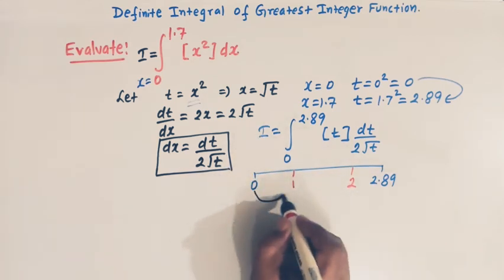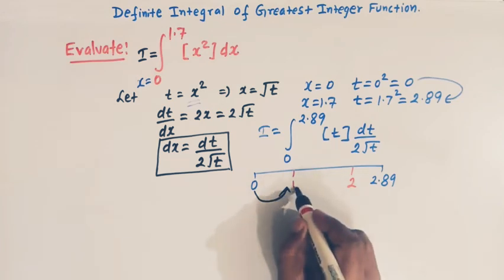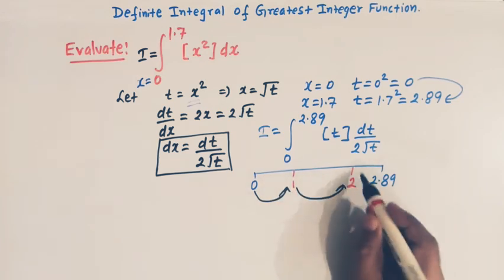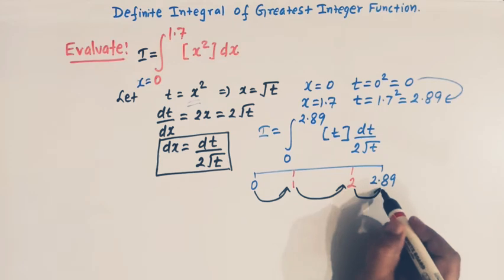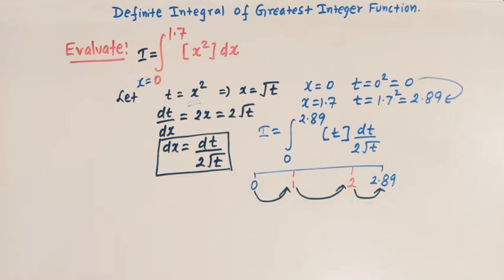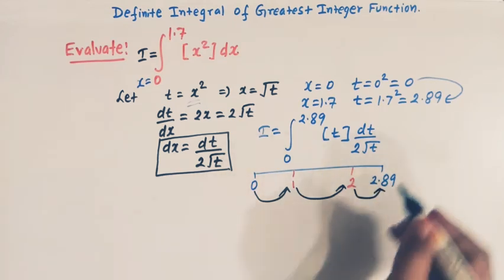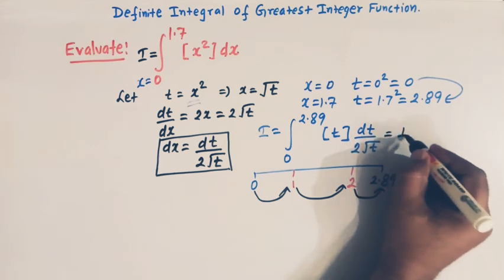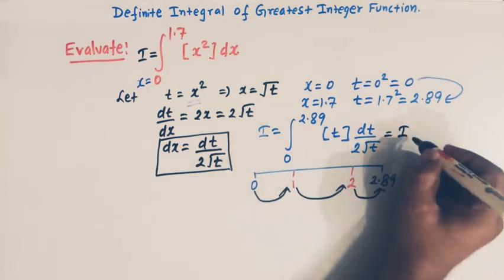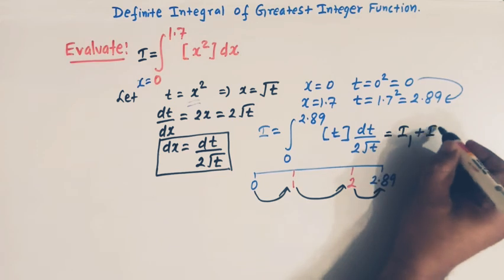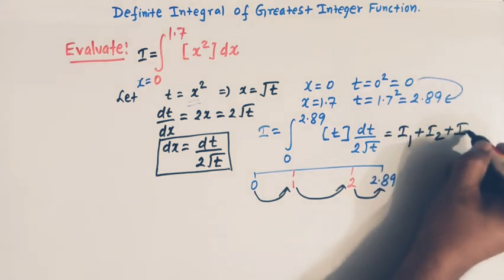First is from 0 to 1, other is from 1 to 2, and the third one is from 2 to 2.89, right? So now we can write this integral I as I1 plus I2 plus I3.